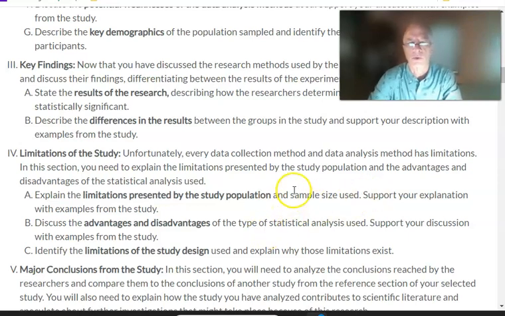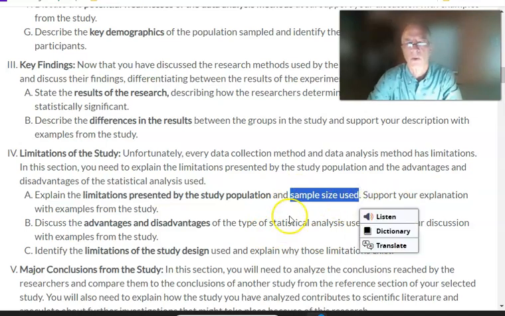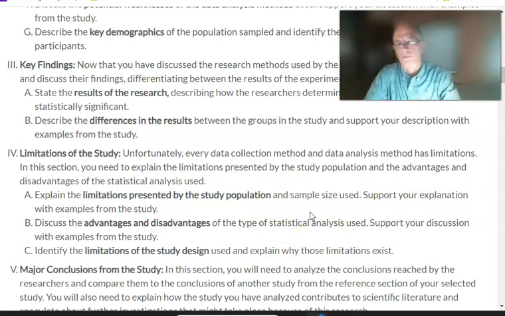Sample size, was it large enough in your estimation? A sample size of 30 is a pretty good start. Sample size of 10, that's kind of small. And advantages of the analysis used, so you can go back to analysis on that.